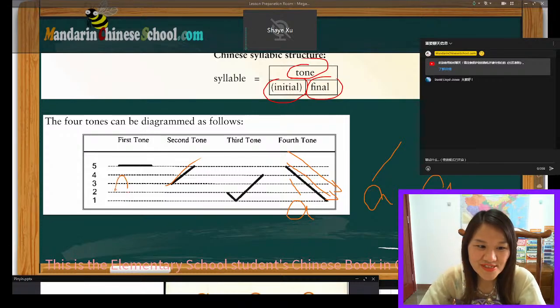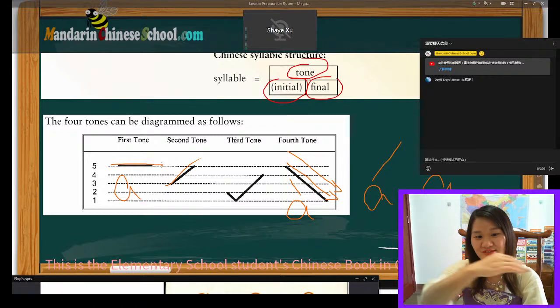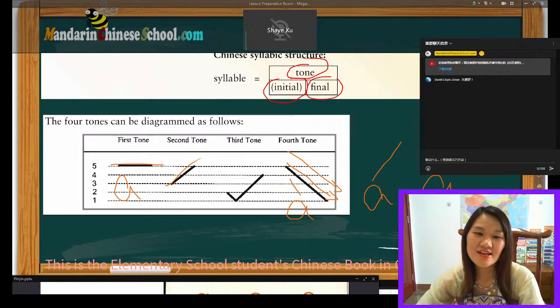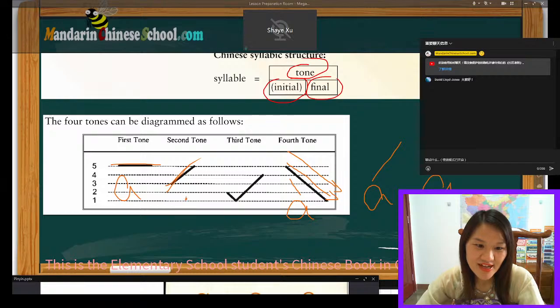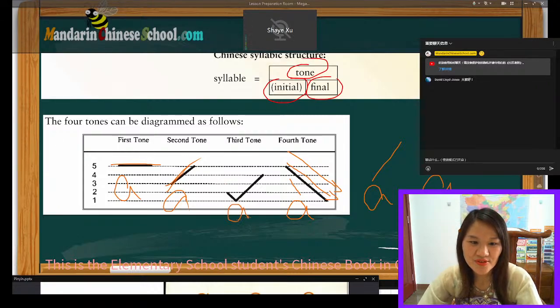The 4 tones: ah, horizontal; ah, goes up, sounds like asking a question; and the third tone goes down and goes up. Do you get it?